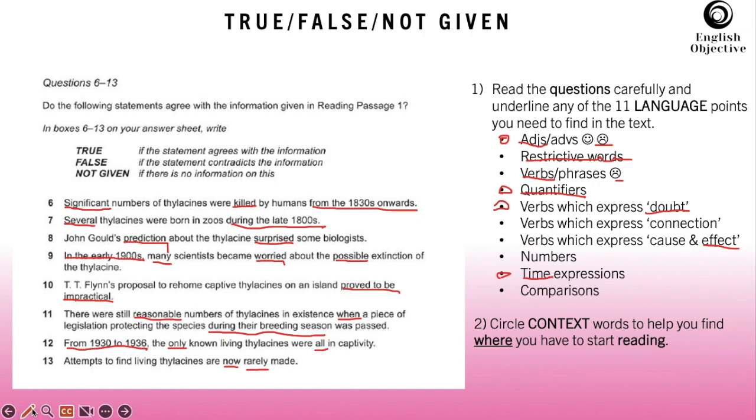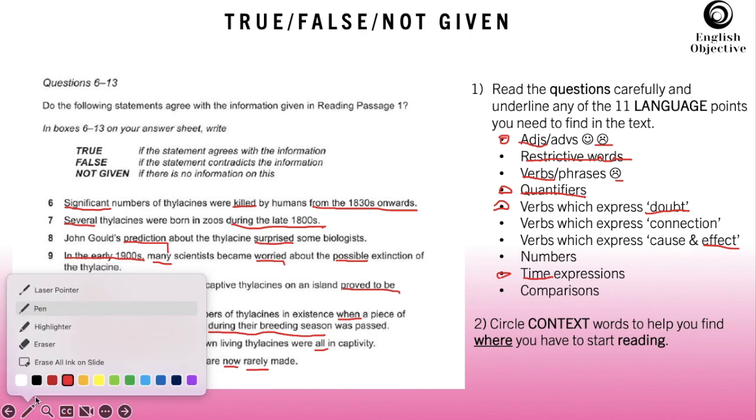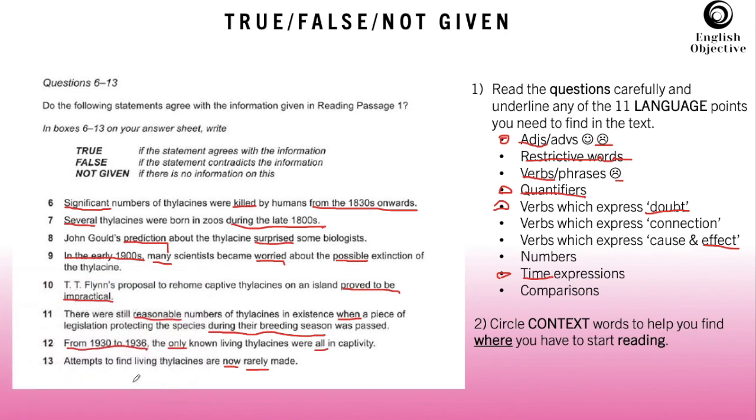Okay, so we have the language points, as many language points as we could find in the text. What we're going to do now is circle the context words. These keywords are the ones related to the topic of the text.